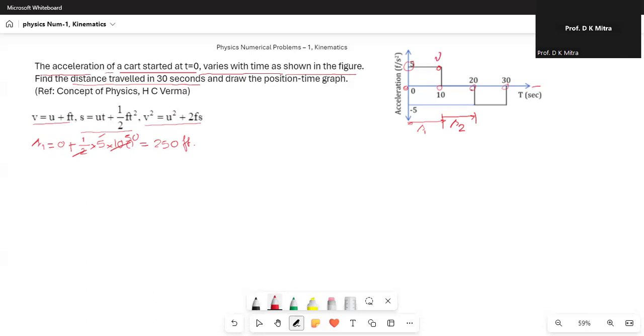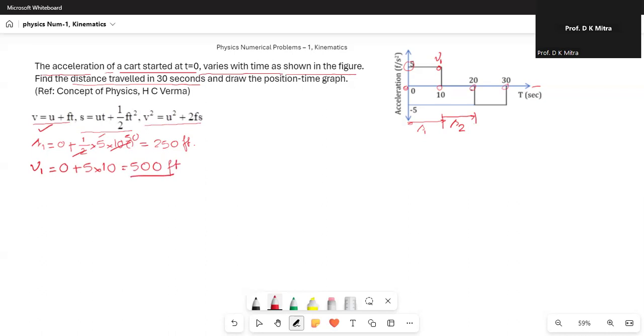Let us consider the velocity here is V1, that means the final velocity after the first stage. We can find this velocity by using the equation V is equal to U plus Ft. So V1 is equal to U is once again 0, F is 5, t is 10 seconds, is equal to this is 500 feet. So S2 is 500 feet.